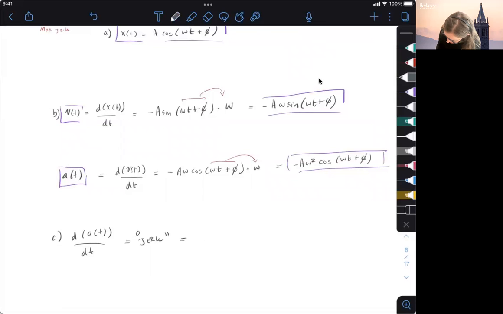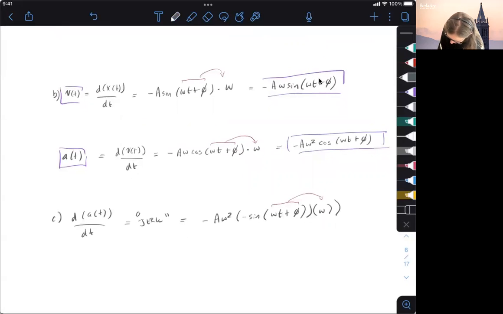So let's say here, so negative a w squared, right, times negative sine, but for the derivative here, wt plus v, and then multiplied by the derivative of the inside because of the chain rule. So the derivative of the inside again is going to be w, okay? So what's that going to turn into?